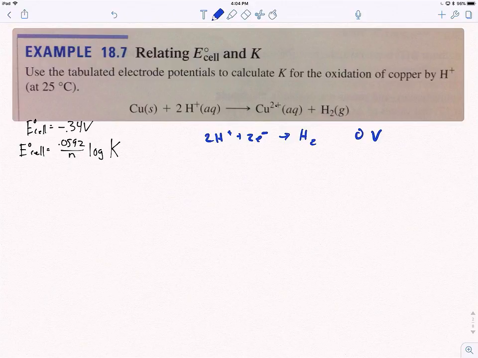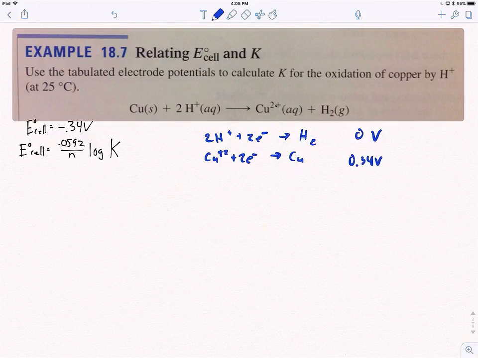I accidentally erased that. I normally have it on there, but let me look it up. Okay, copper: the potential for copper plus 2 electrons going to copper is 0.34.